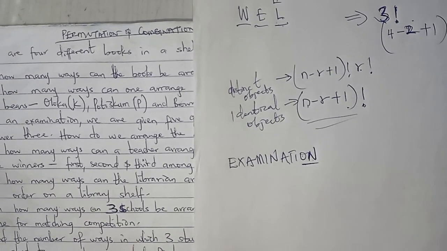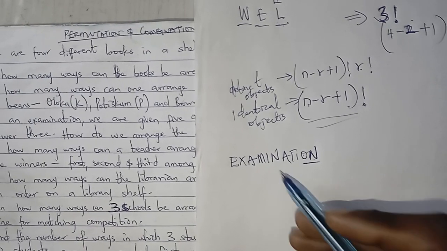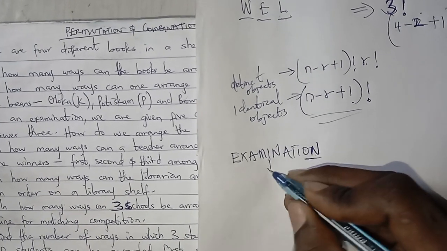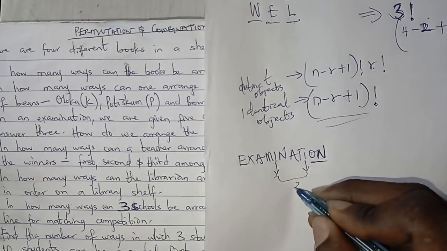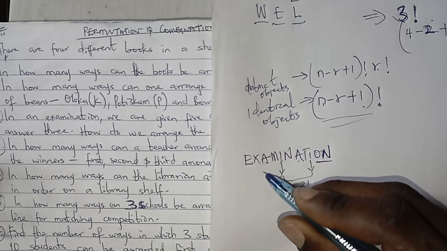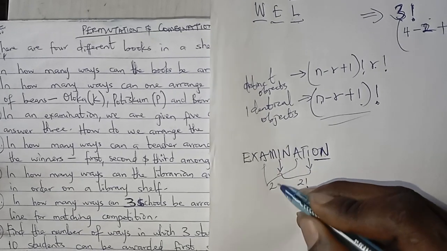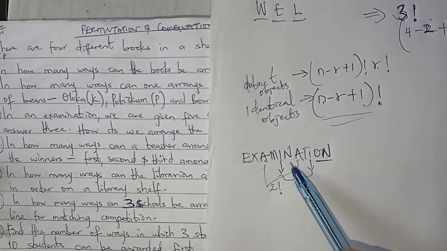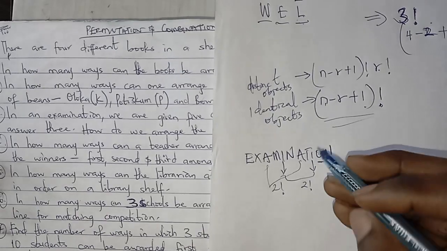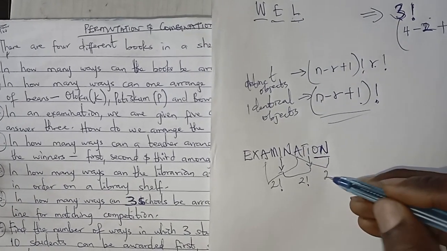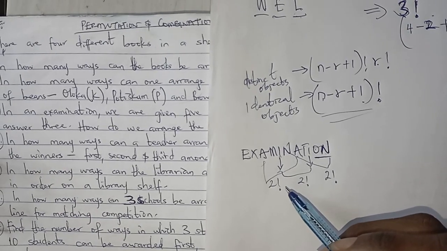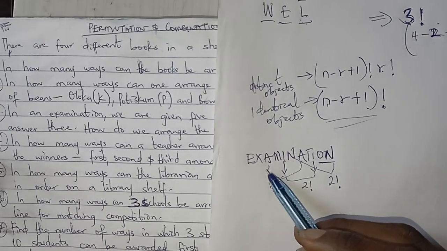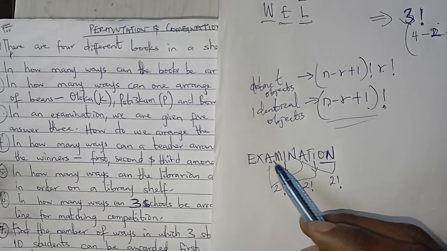I'm seeing I and I, so 2 factorial must occur here. Then A and A, 2 factorial must occur here. Then let's check again, is there any other? I'm seeing N, 2 factorial will occur again. Now what else am I seeing?